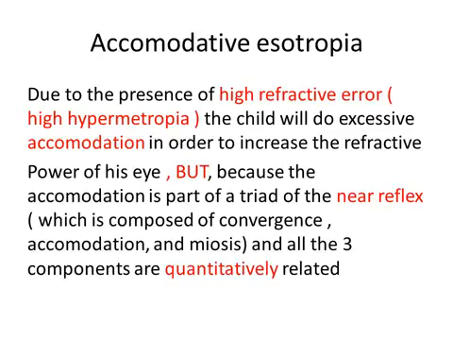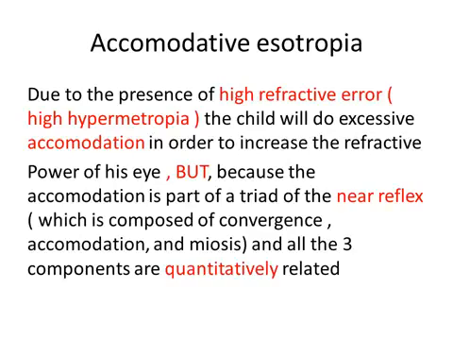What is accommodative esotropia? Due to the presence of high refractive error in the form of hypermetropia, the child will do excessive accommodation in order to increase the refractive power of his eye. As you know, the hypermetropic eye is an eye with less refractive power. When the normal is about 60 diopters, a hypermetropia of +5 means that the eye has 55 diopters of refractive power.